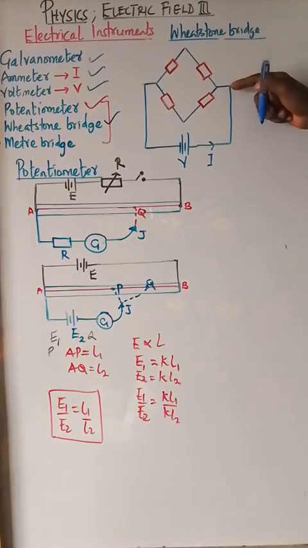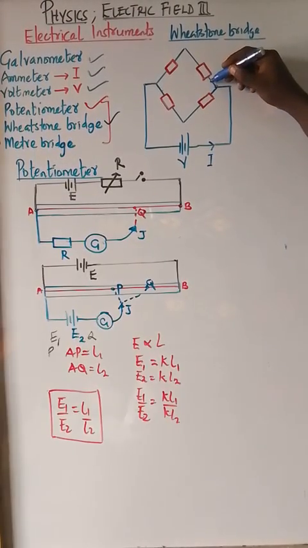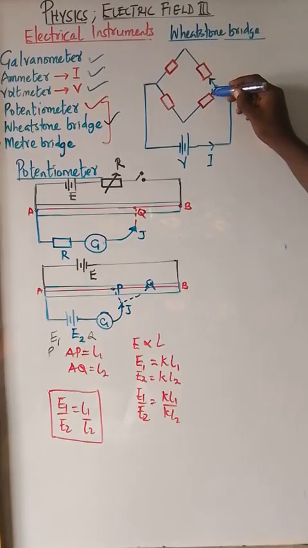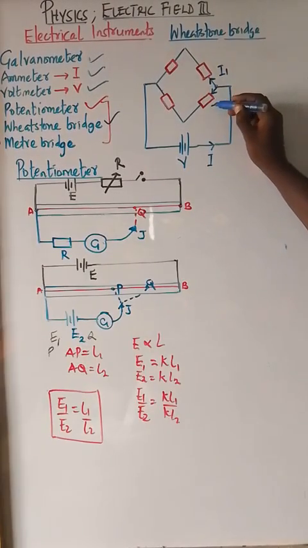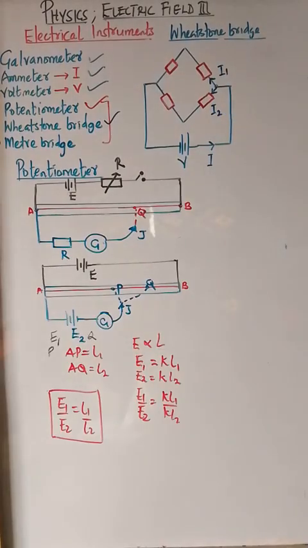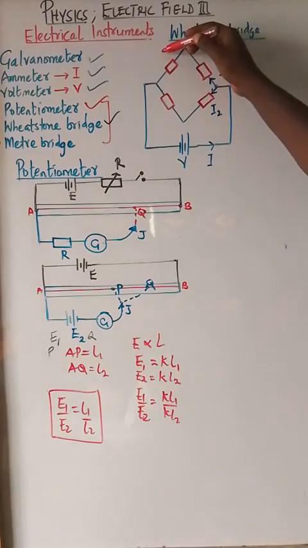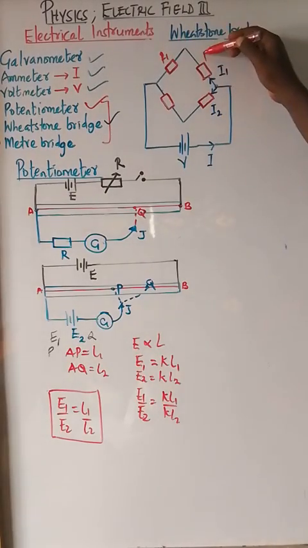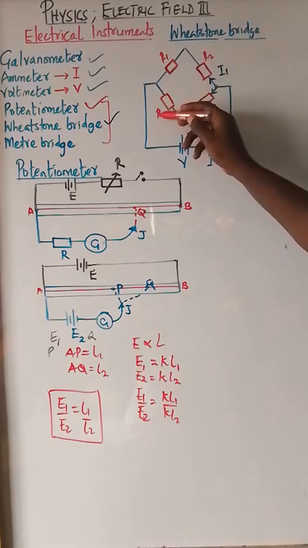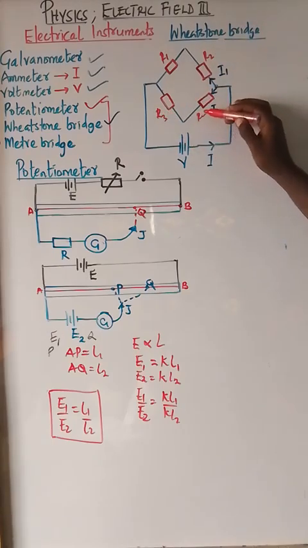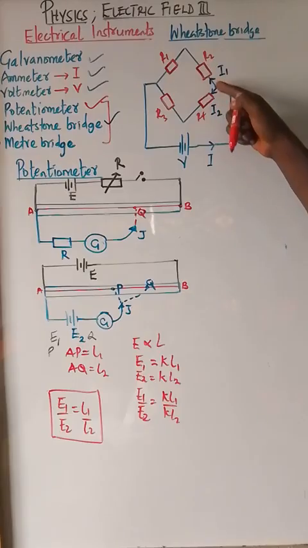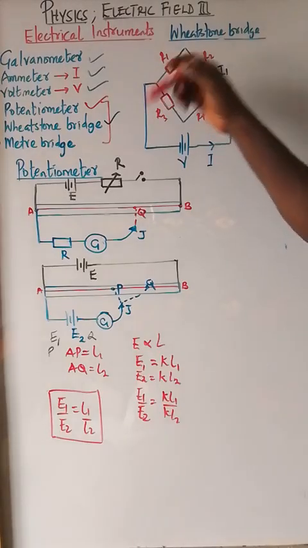When the current gets here, this is a node. So some will go here and some will go there. The one going up here is I1. The one down here is I2. Let's label all the resistors R1, R2, R3, R4. Now when this current gets here, the same current that flows here will pass through R1.